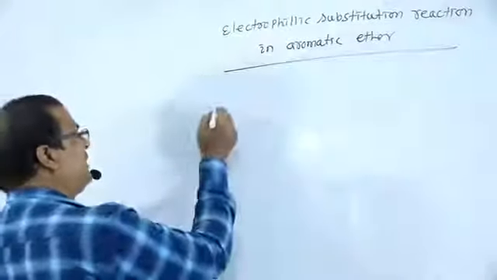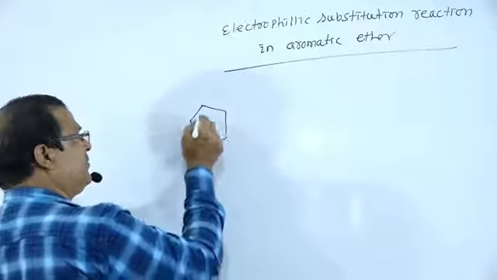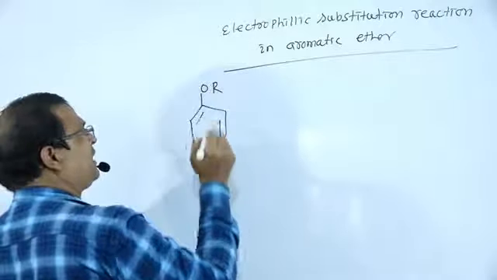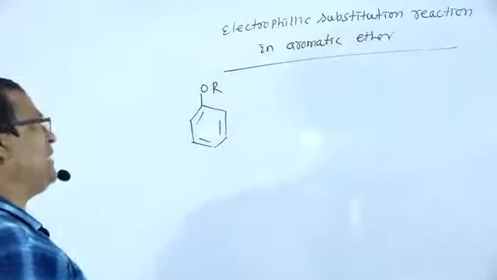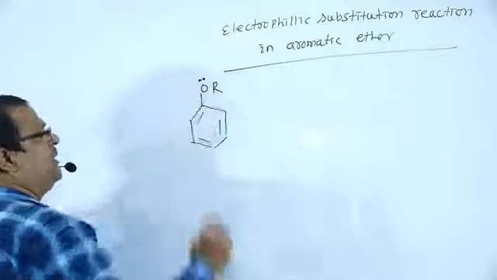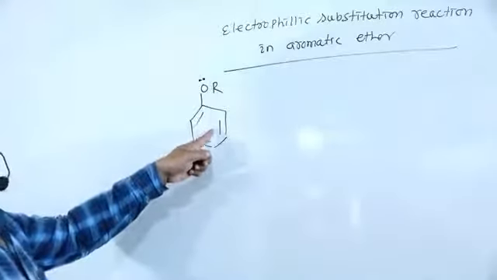If we take any example of this kind, a benzene ring that contains OR, that is alkoxybenzene, the oxygen atom contains a lone pair of electrons, and this lone pair of electrons is in conjugation with the benzene ring.